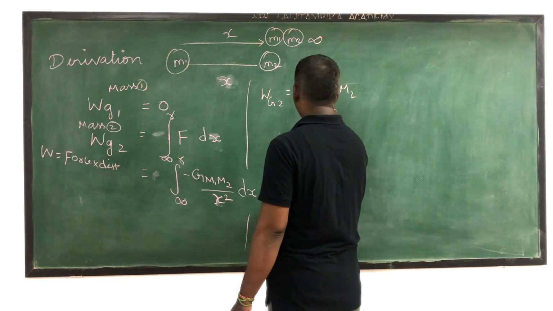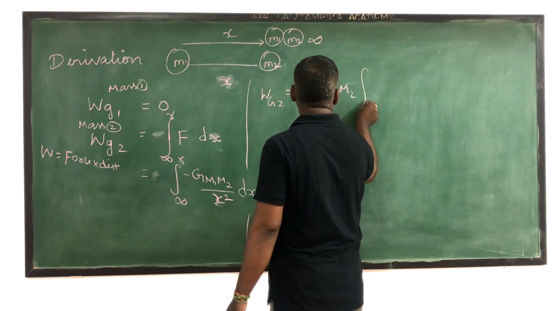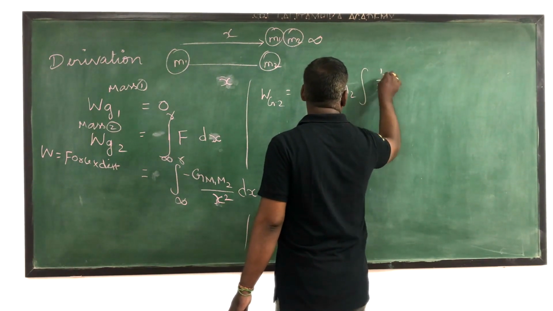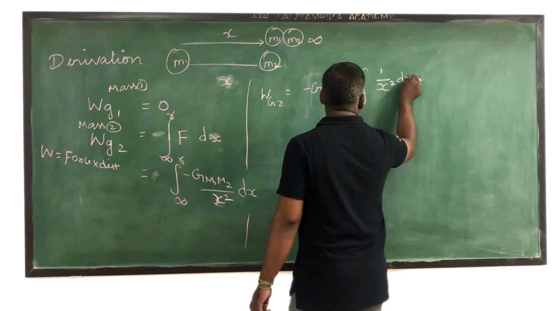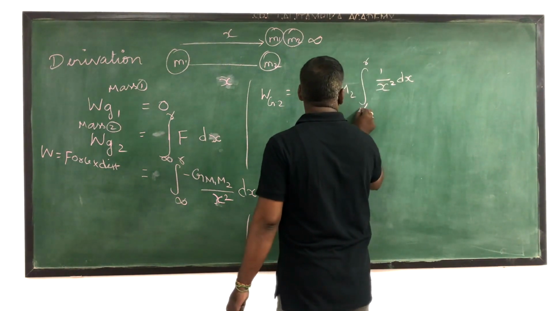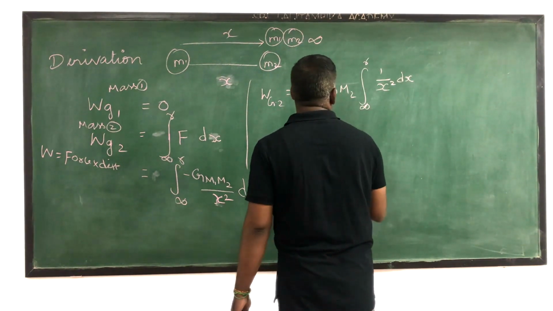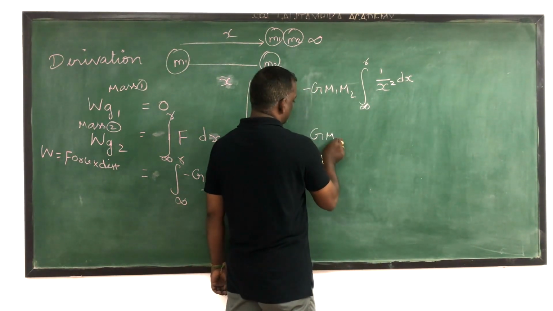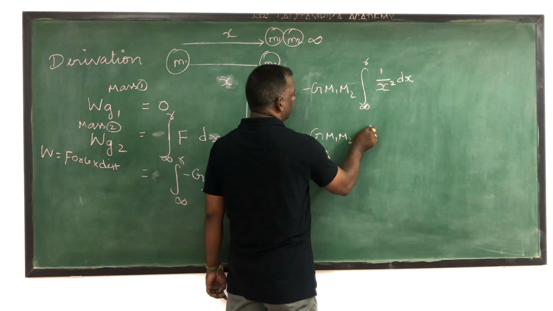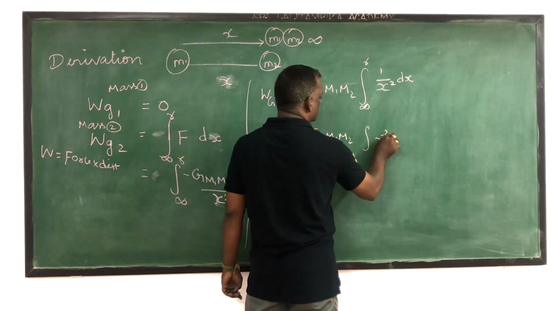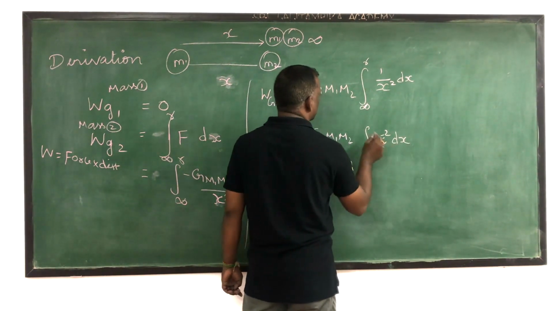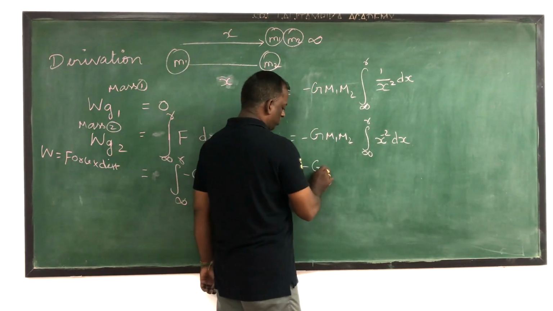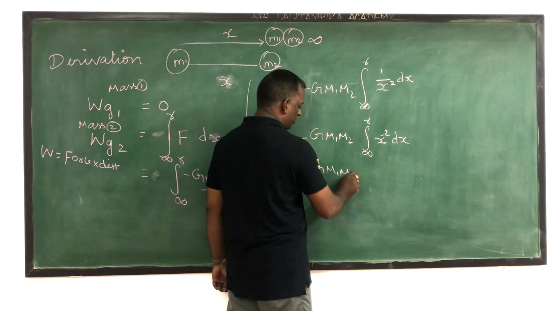So இது எல்லாத்துக்குமே காமனா இருக்கா நம்ம வெளிய எடுத்துறோம். Integration of 1 by x square dx, r to infinity. So இது நம்ம எப்படி எழுதலாம், minus G m1 m2 integration of x power minus 2 into dx, that is r to infinity, which is equal to minus G m1 m2.